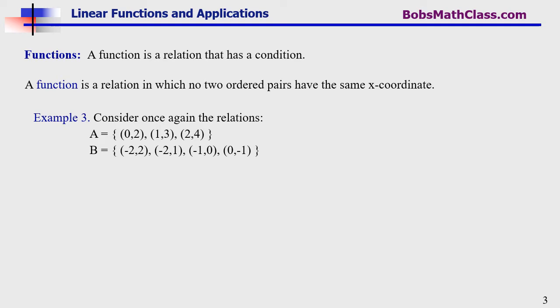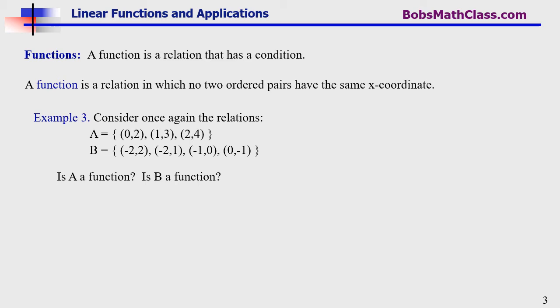Okay, so here's the two relations that we were looking at earlier. We have two sets, A and B. Here's the question, is A a function? So remember that what we said was they cannot have the same x value.